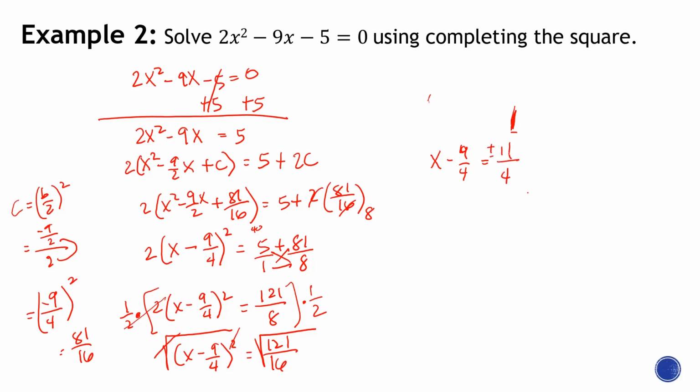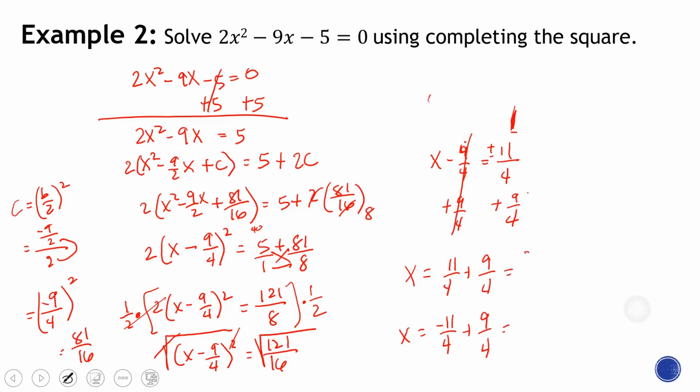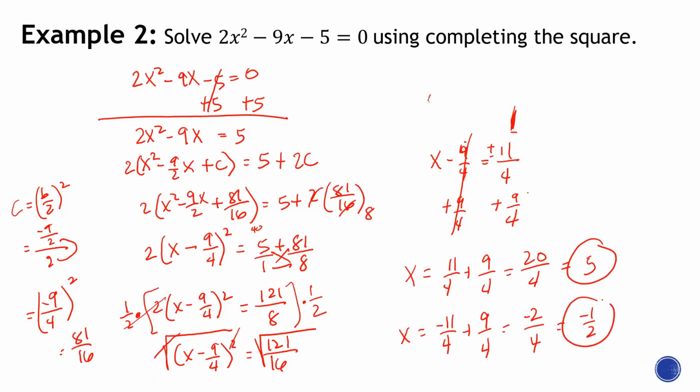This is positive or negative. So I will add 9 over 4 on both sides. So x equals 11 over 4 plus 9 over 4. And then the other one is x equals negative 11 over 4 plus 9 over 4. So here this is 20 over 4, which is equal to 5. And then here we have negative 2 over 4, which is equivalent to negative 1/2.